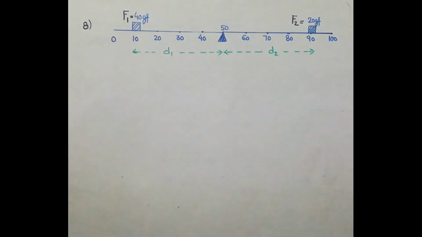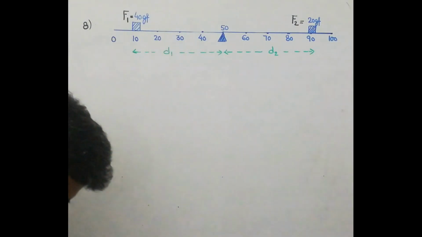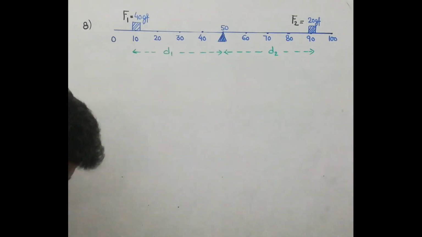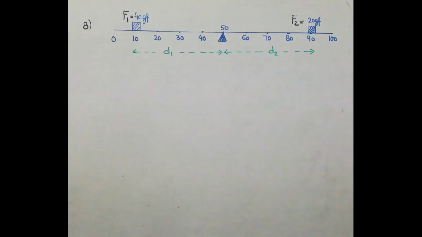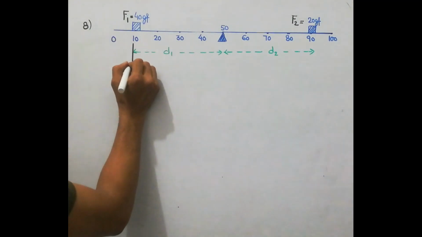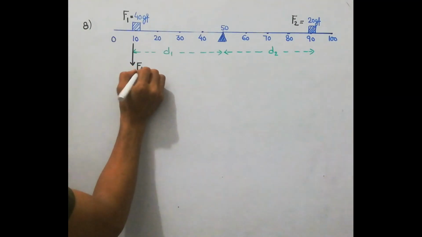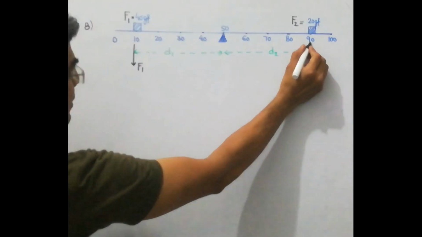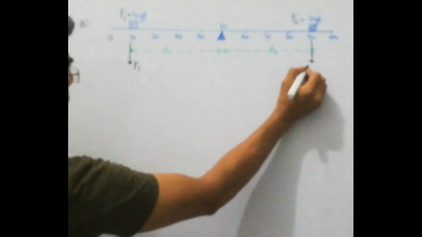And the question says, is the meter rule in equilibrium? Now they haven't given that the rule is in equilibrium. They are asking us, is the rule in equilibrium? Now as we can see, there are two forces acting over it, F1 and then we have F2.